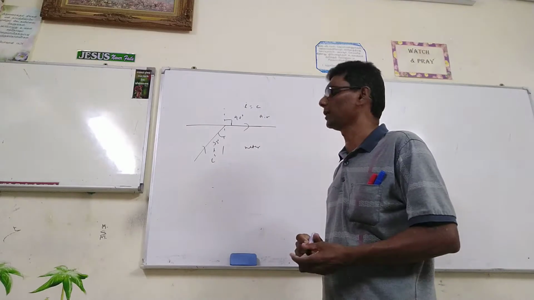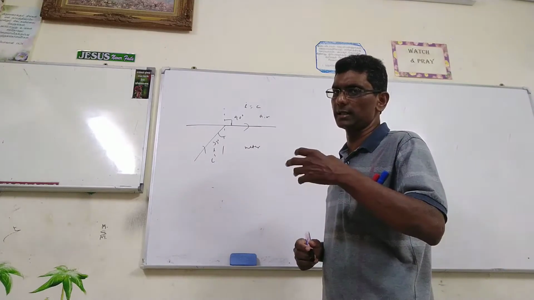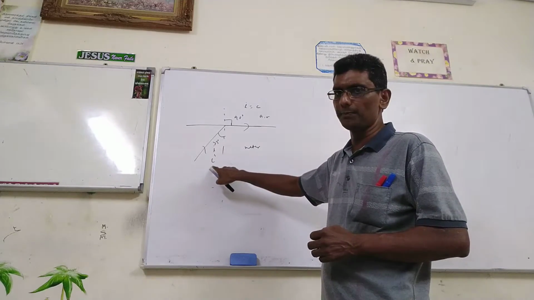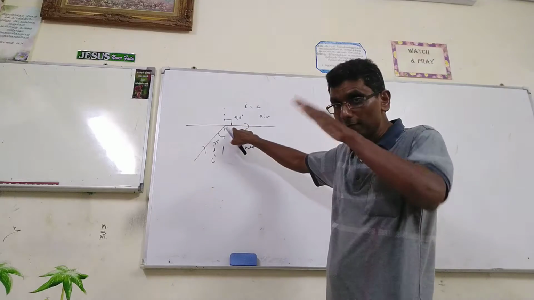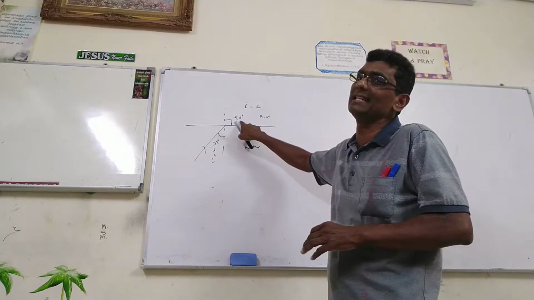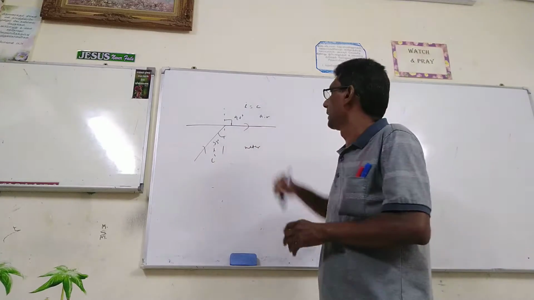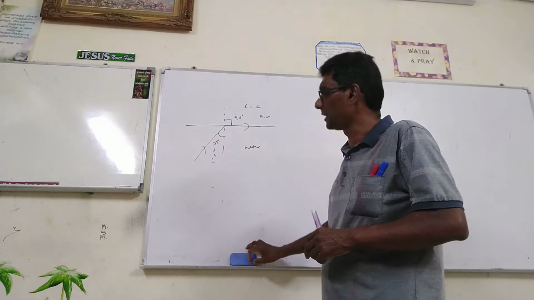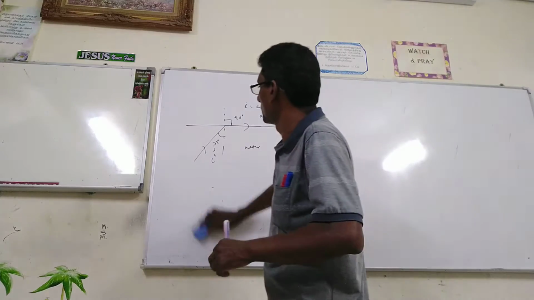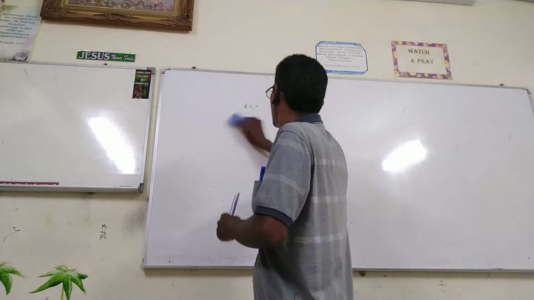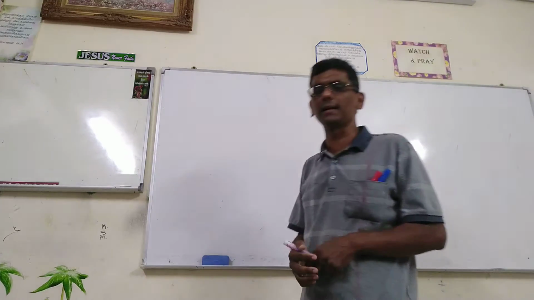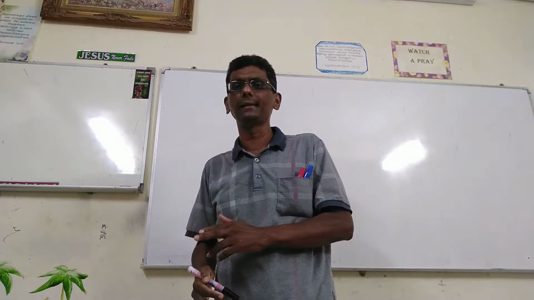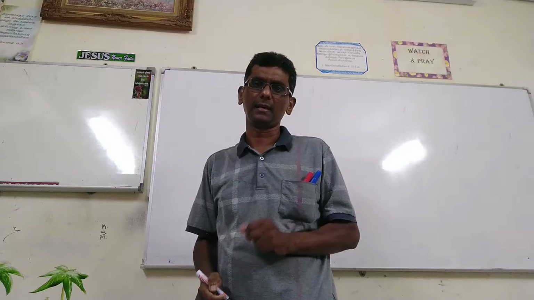That's how we call it a critical angle. So the incident angle equals the critical angle when the light ray is refracted 90 degrees to the surface. What is meant by critical angle? The incident angle when the refracted angle is 90 degrees.